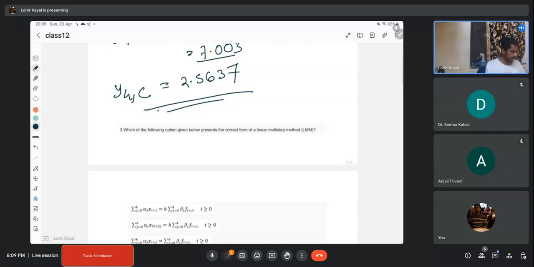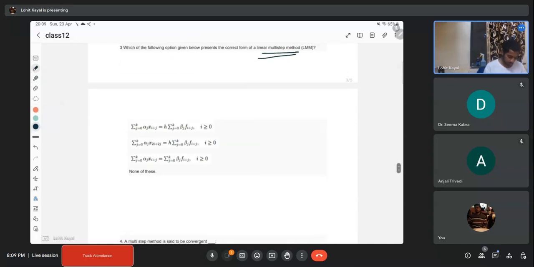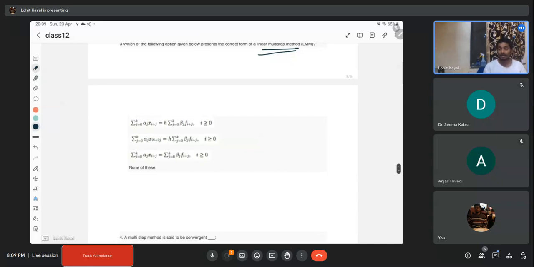All right. So now few MCQ questions. So this problem is regarding the linear multi-step method. Here it is told that you need to find the correct option. Okay.